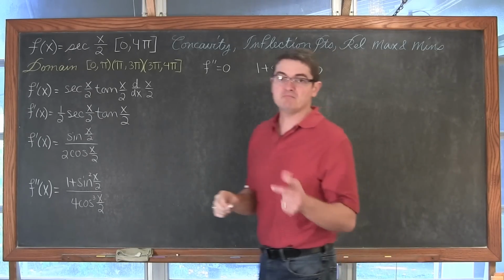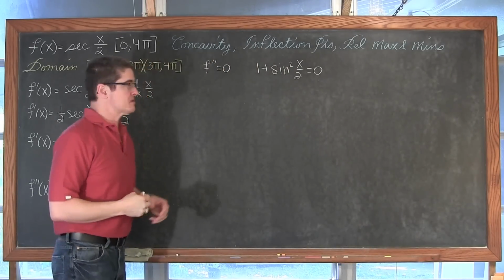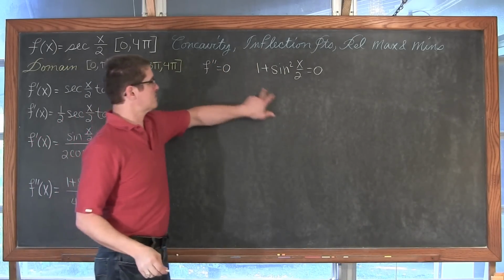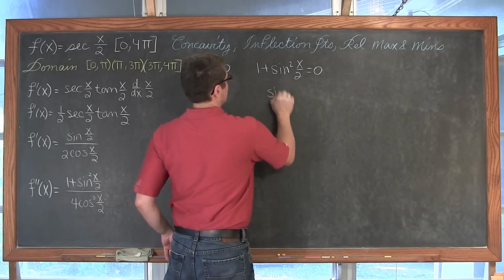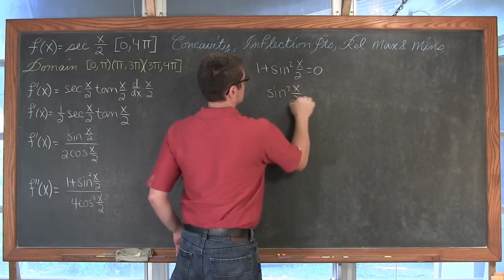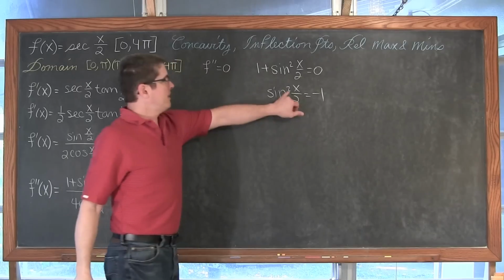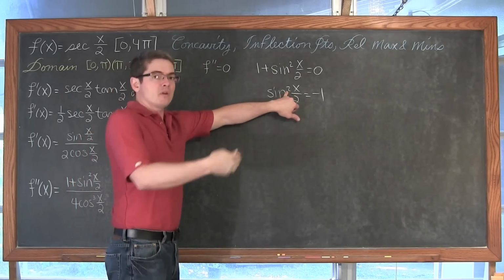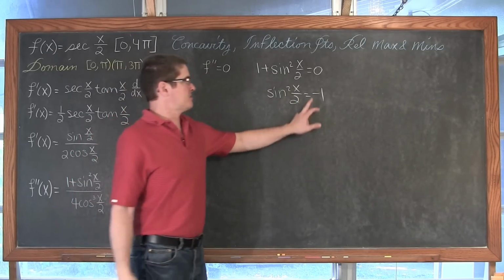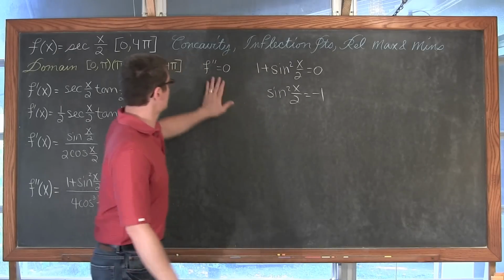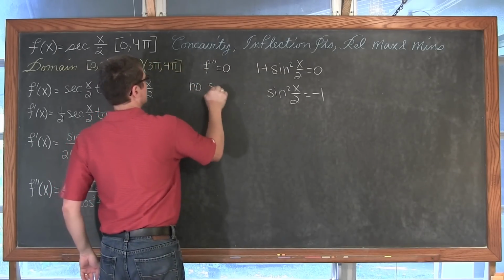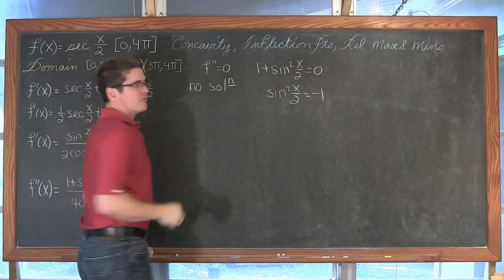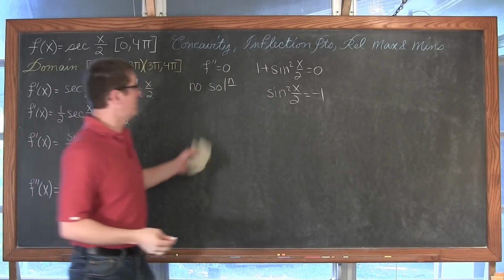And at some point you might even immediately realize there's not going to be a solution, because we're going to subtract 1 from both sides and get sine squared x over 2 is equal to -1. And when you try and square root both sides, you can't square root a negative number. So there's no solution to where the second derivative is equal to 0.